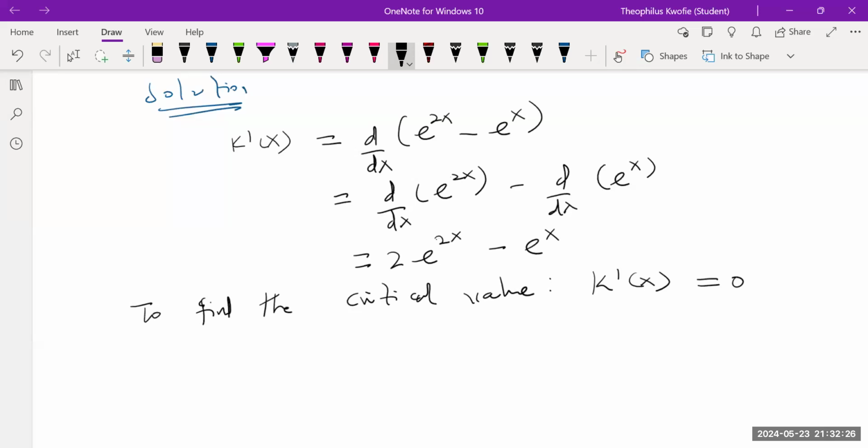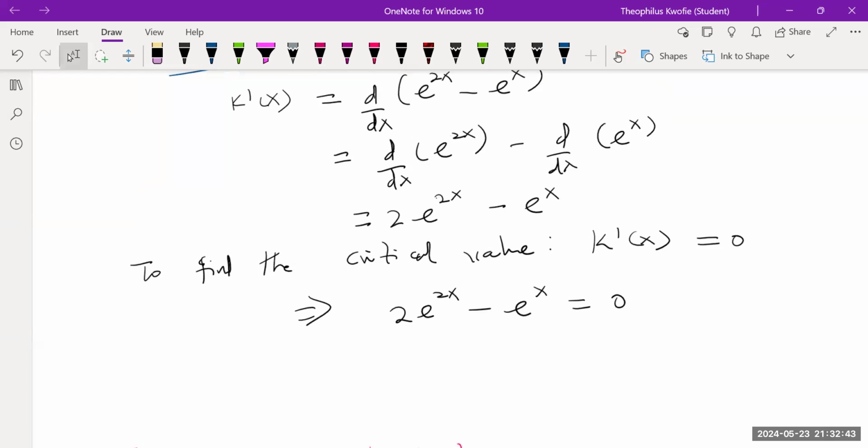So by setting this to 0, we are going to have 2 this times that minus 2 e to the power x equals 0.